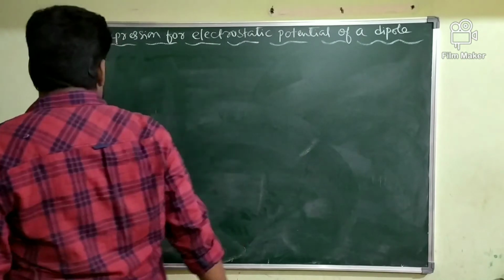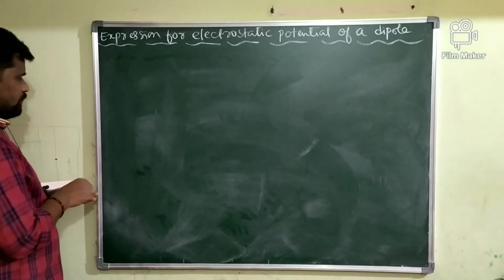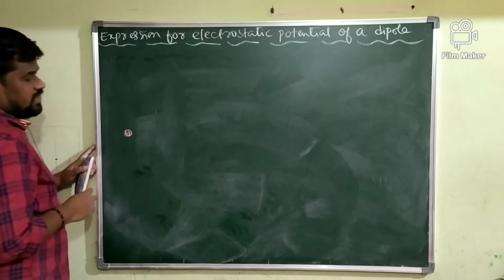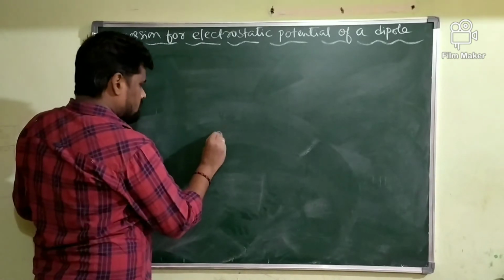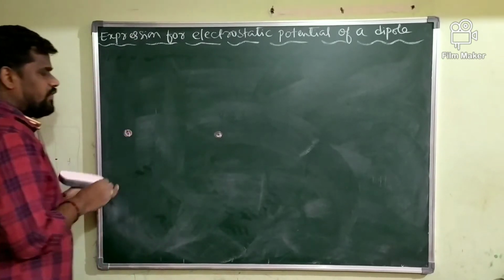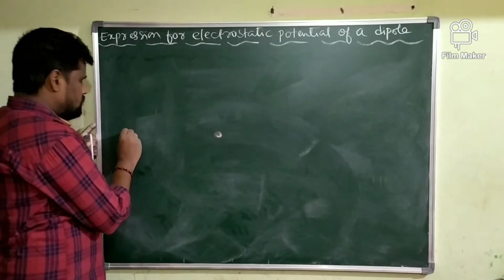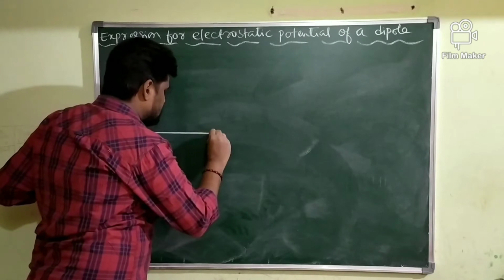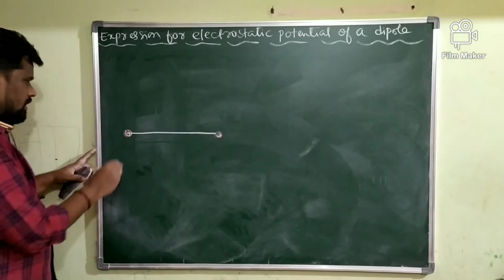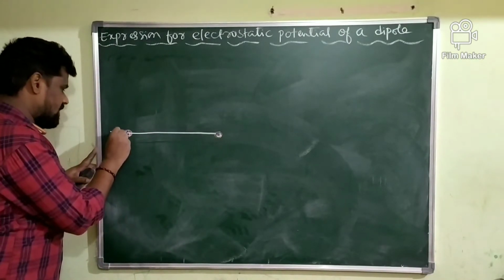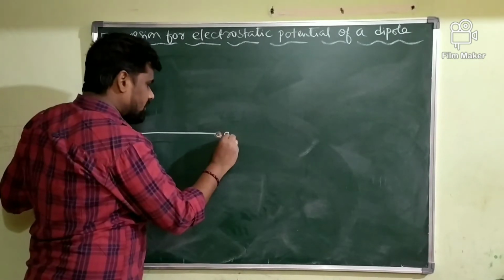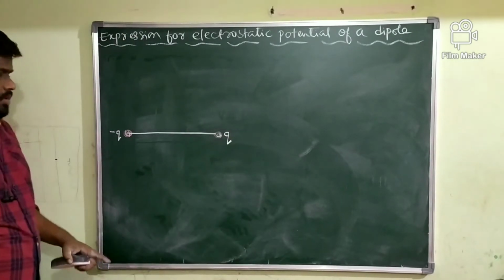Let me consider electric dipole here. It is formed by two charges. This is the first charge of a dipole. This is the second charge of a dipole, and these two charges are separated by a distance of 2a. Let me take this charge as minus q, and this charge I will call plus q.